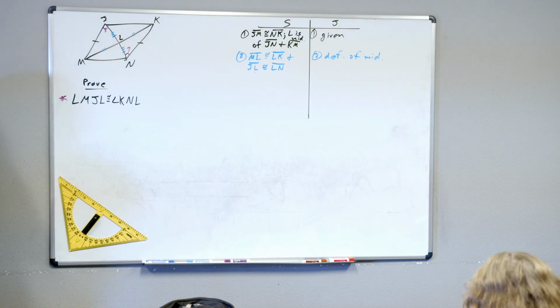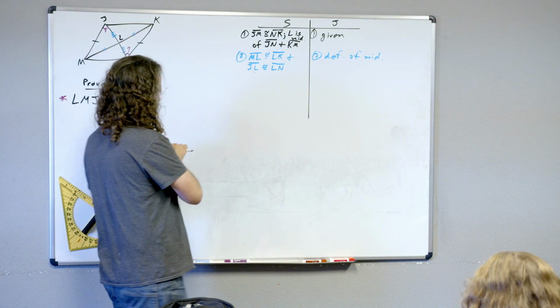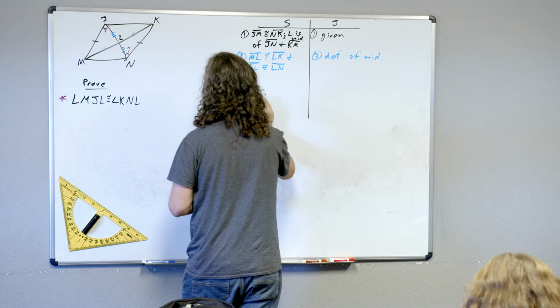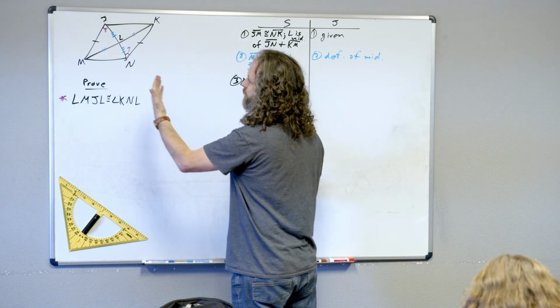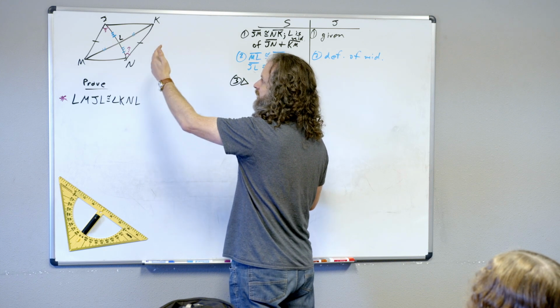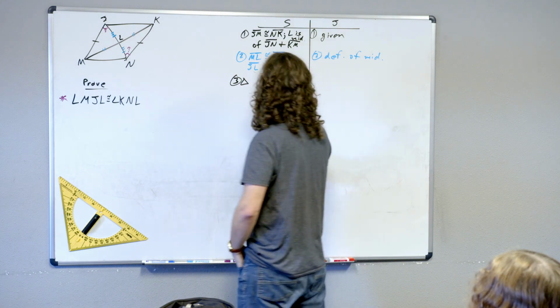Because corresponding parts have to be connected to corresponding parts. It doesn't matter, like I could do M J L, but if I do M J L, then I need to do K N L for the other one, right?